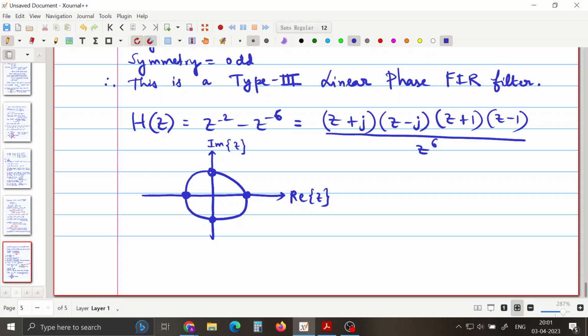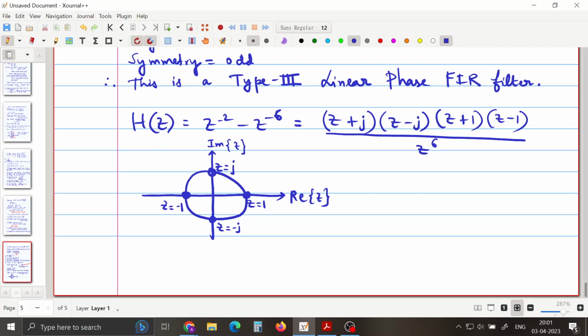By the way this is the unit circle, so this is z equals 1, this is z equals minus 1, this is the point on the imaginary axis, z equals j, and this is z equals minus j. So these are the 0 locations.